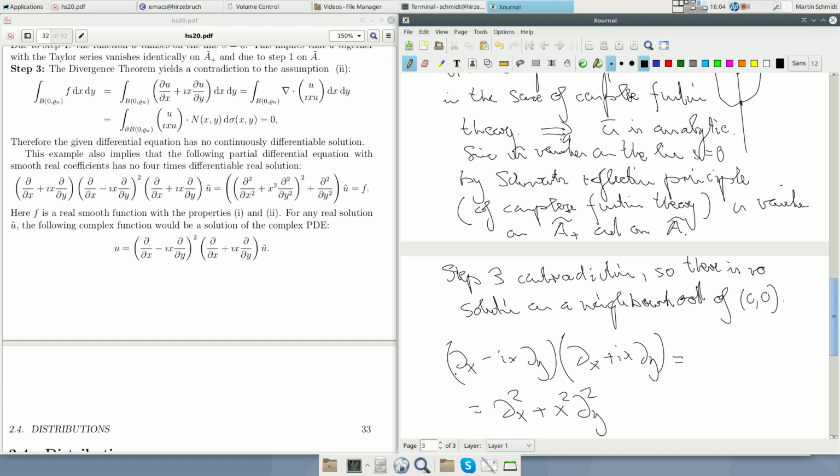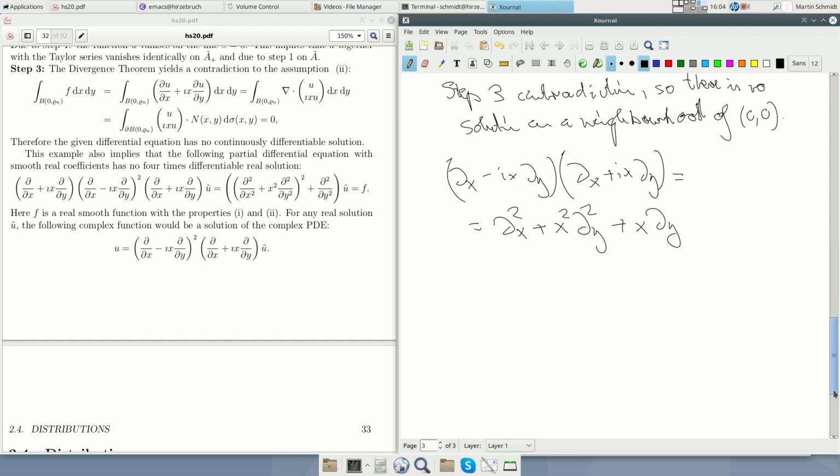If we apply this operator to this x, then we get plus x times dy. Now if we reverse the order, dx plus ix dy times dx minus ix dy, we get dx squared, again plus x squared dy squared, but this time we get a minus x dy.